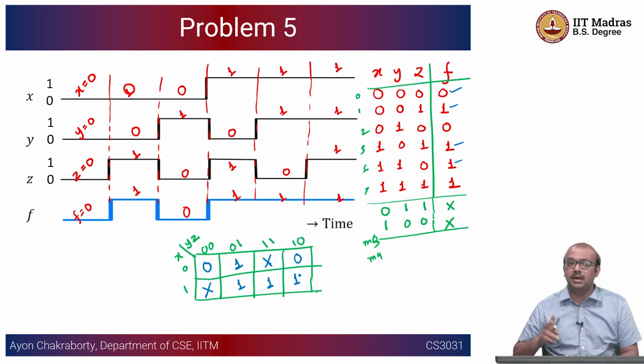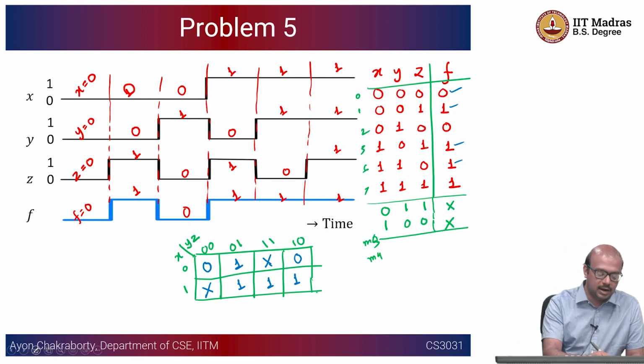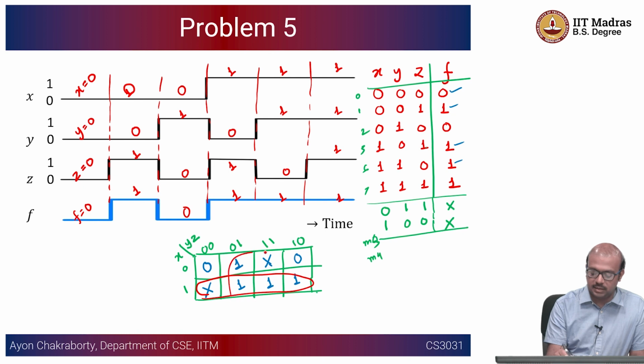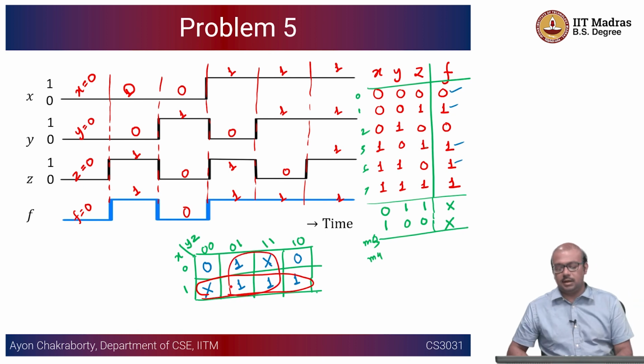In that case, the remaining inputs could be used as don't care conditions, and you can do the grouping nicely. At least in this case, you can have a group that looks like this, and another group that maybe looks like this, and so on, right? This will make your circuit simpler.